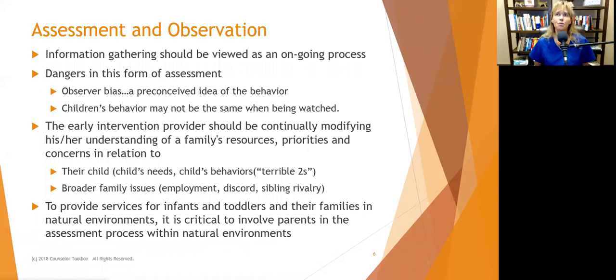The early intervention provider should be continually modifying his or her understanding of a family's resources, priorities, and concerns in relation to their child and broader family issues. Because remember, we talked about a couple slides ago, if that family is experiencing broader issues like unemployment, discord, they don't like their job, whatever, and it's adding stress to the family, then it could be making it more difficult to attend emotionally and physically to the child's needs.